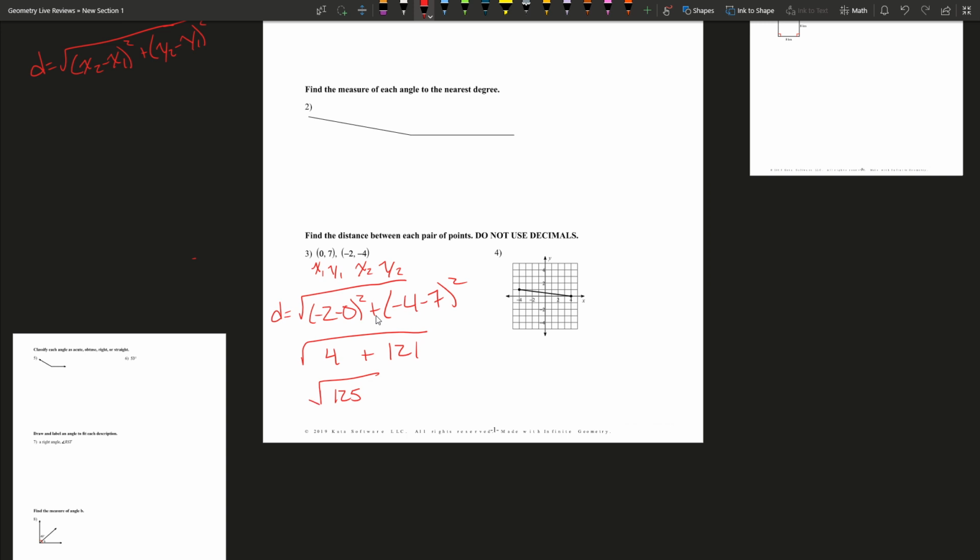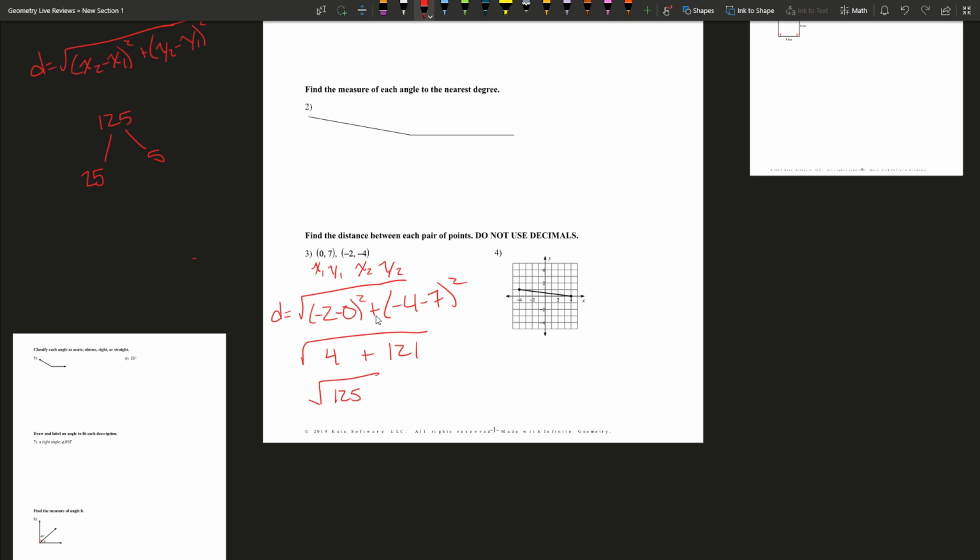And then we need to simplify, and this is the harder part that I think people are getting confused about. In order to simplify this, we want to break it down into factors where one is a perfect square. So we need a factor tree where one of the factors we pull out is a perfect square. 25 goes into 125 5 times.